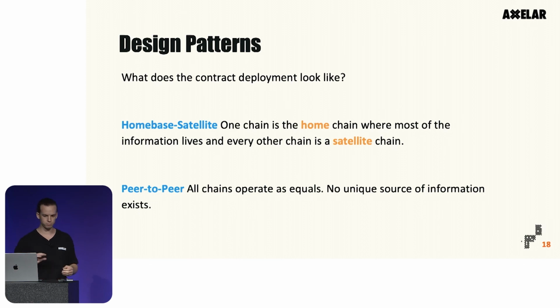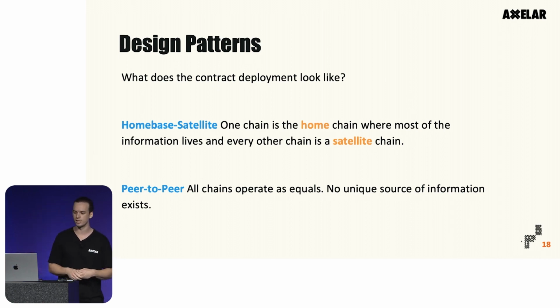And so there's two typical design patterns that arise when we're thinking about sending the assets to the program versus the program to the assets. So one is the home-based satellite, or you can think of it as a client server. We have a home chain where your master contract lives, and it acts sort of like a database, and then you have client contracts which are deployed onto all the other chains in our network, and they understand how to send and receive state to this home contract.